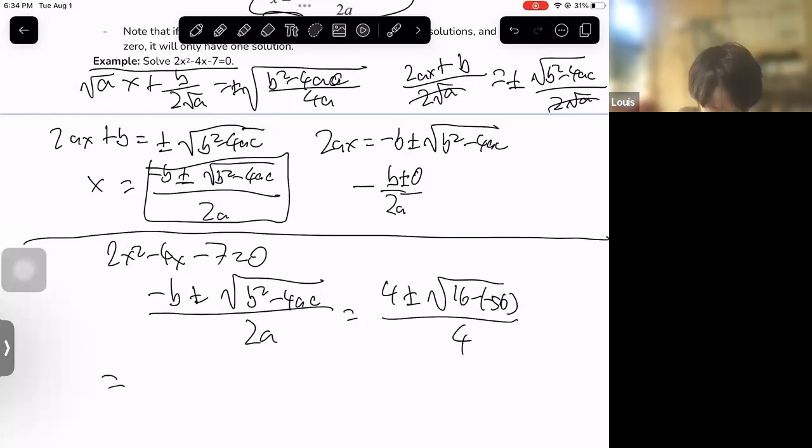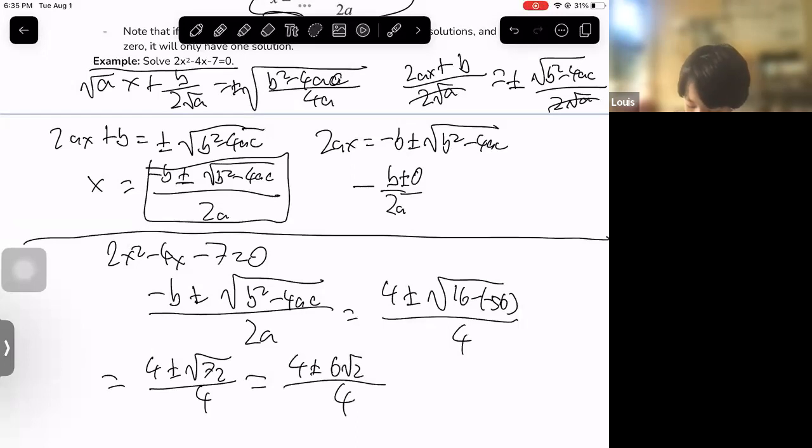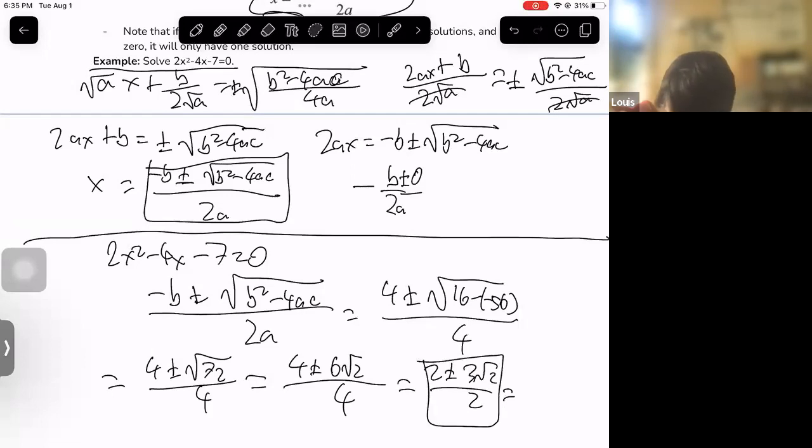Which then gives us 4 plus minus root of 72 over 4, which is equal to 4 plus minus 6 root 2 over 4, which is just 2 plus minus 3 root 2 over 2, or we can write it as 1 plus minus 3 root 2 over 2.